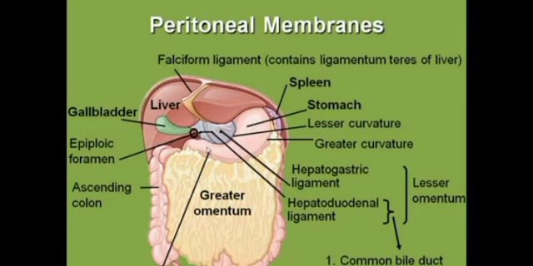So here's the gut tube, represented by the stomach and the beginning of the duodenum. There's the liver, and sure enough, between the liver and the gut tube is where we find the lesser omentum. And then between the liver and the ventral body wall, remember the ventral body wall has been removed, so we've cut off the falciform ligament at this point, but here we see the falciform ligament going from the liver to where the ventral body wall was.